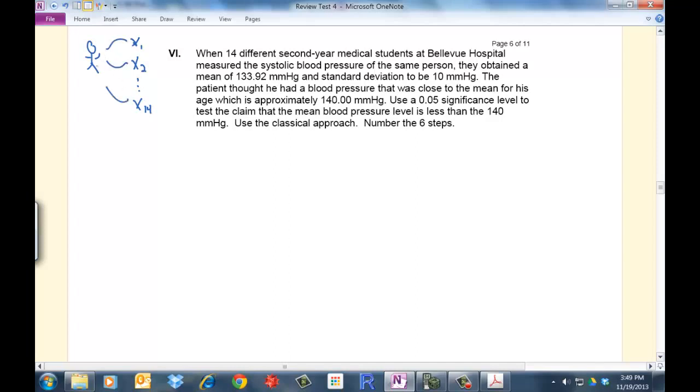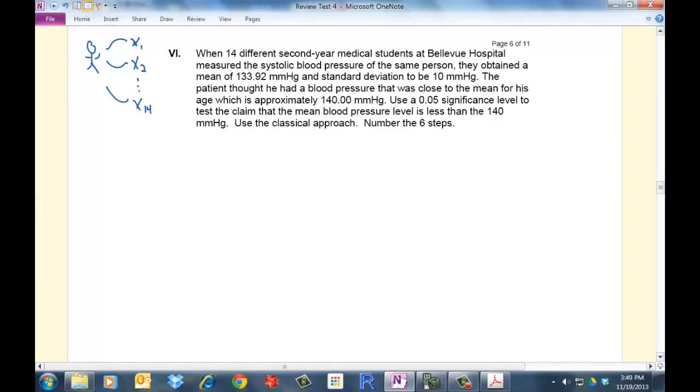And they came up with an average blood pressure of 133.92, and a standard deviation of 10.